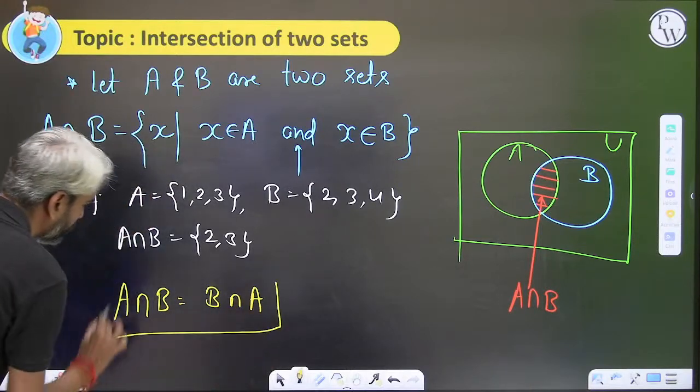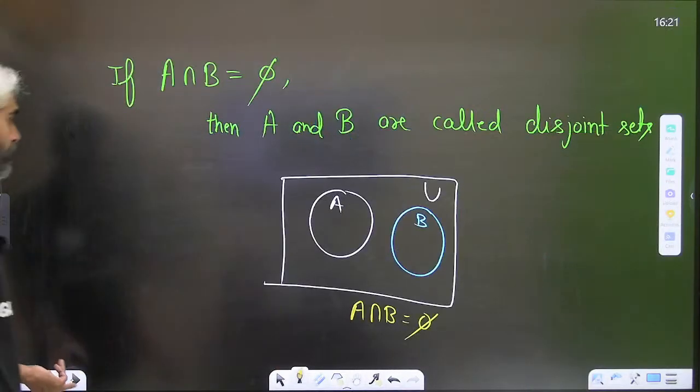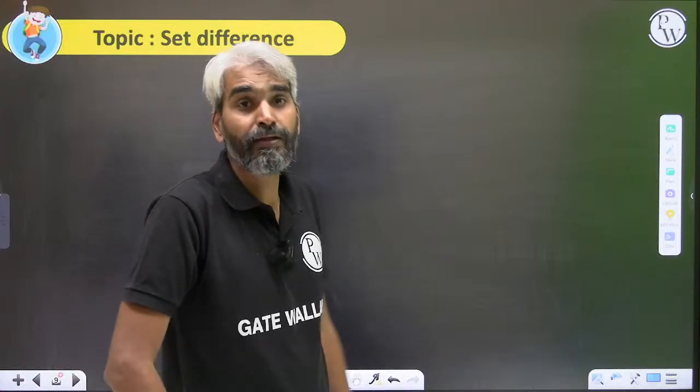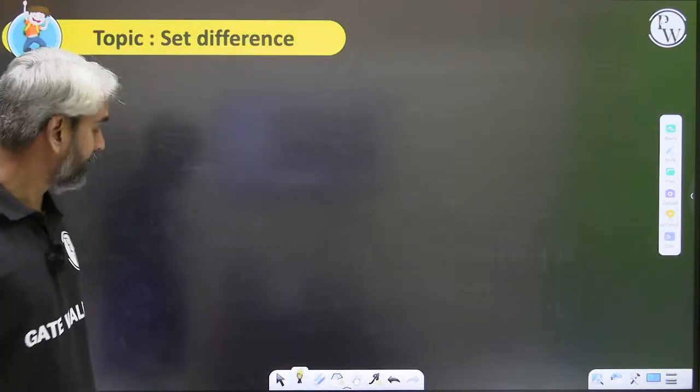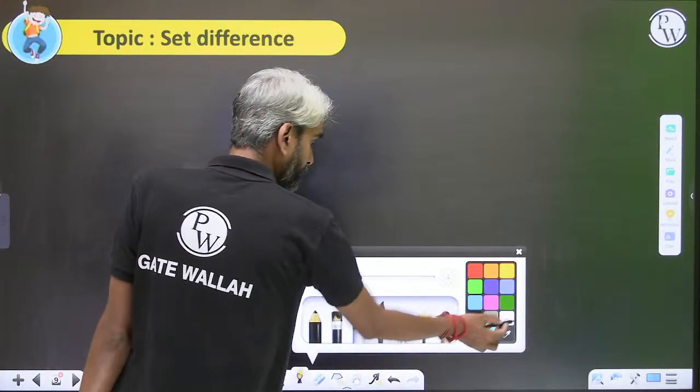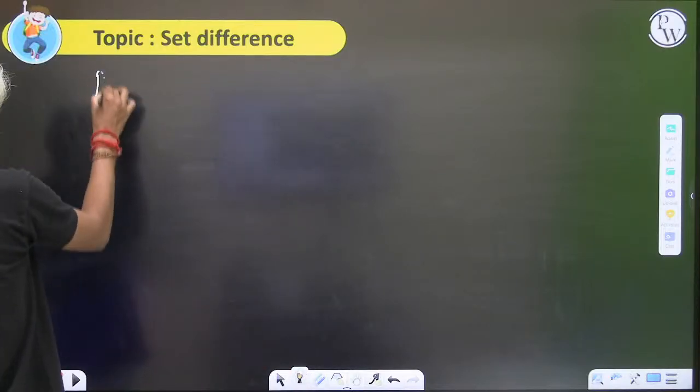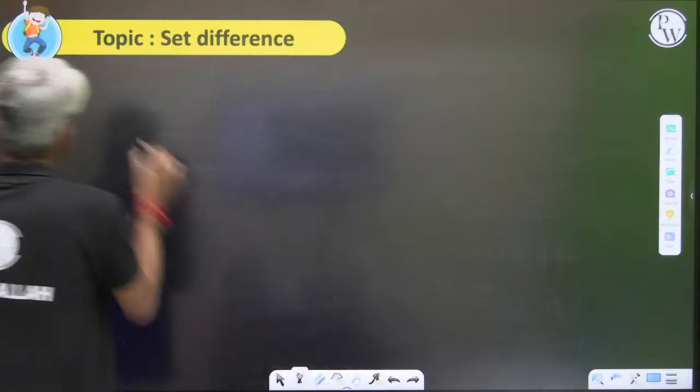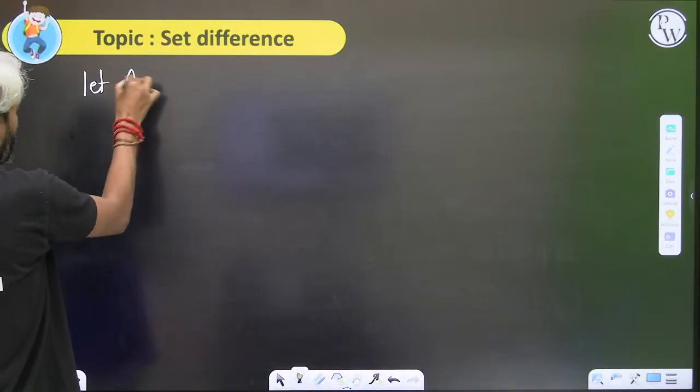Sir, why are we discussing this? Because the set difference is a different type of operation which is not commutative. Let us try to understand what is A minus B. Let A and B be two sets.